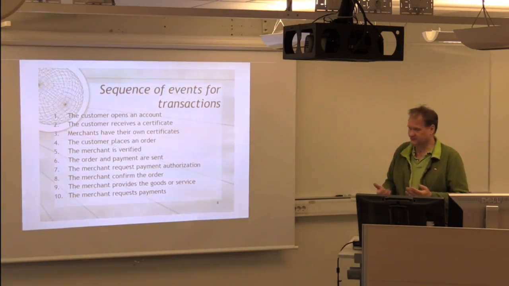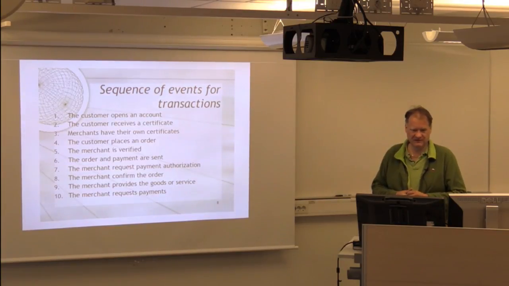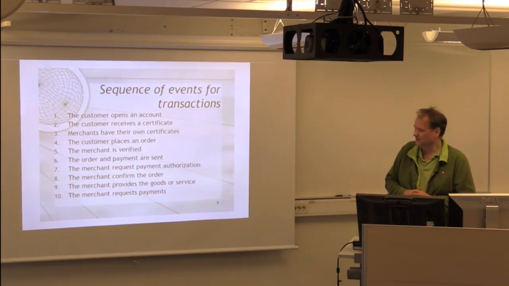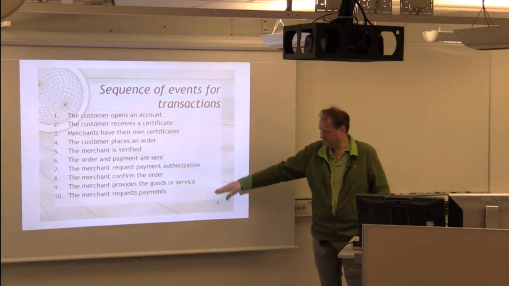So if they did something wrong, we could, after the fact, possibly go back and say, well, you didn't live up to your part of the bargain here, because we know who it is. But the possible weak point is here, at the end here.